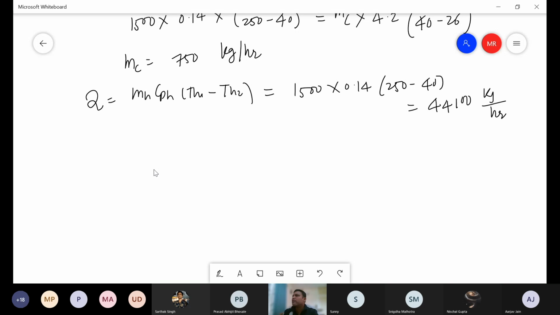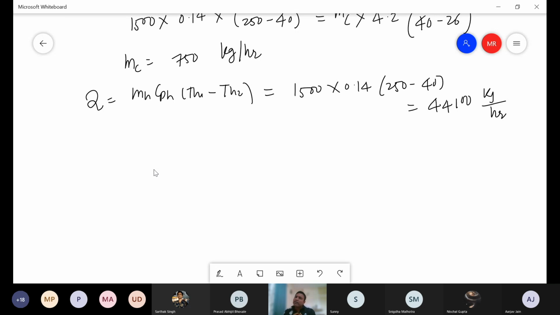But what we are interested in is finding the heat transfer area. Why do we want to find the heat transfer area? Because the heat transfer area in this case will be the area of this entire inside tube, isn't it? Based on that only you can find the length of the tube required.